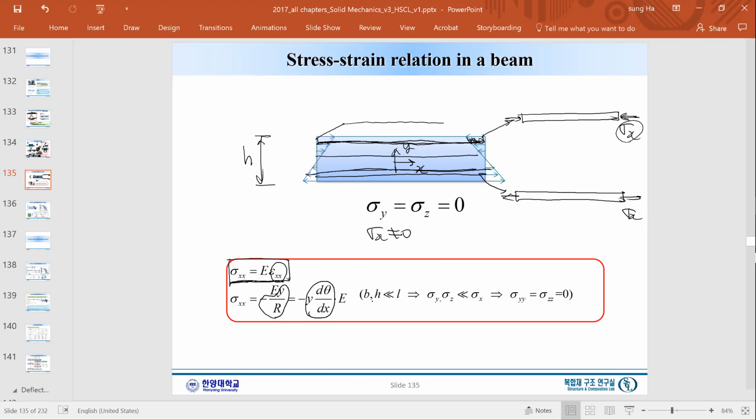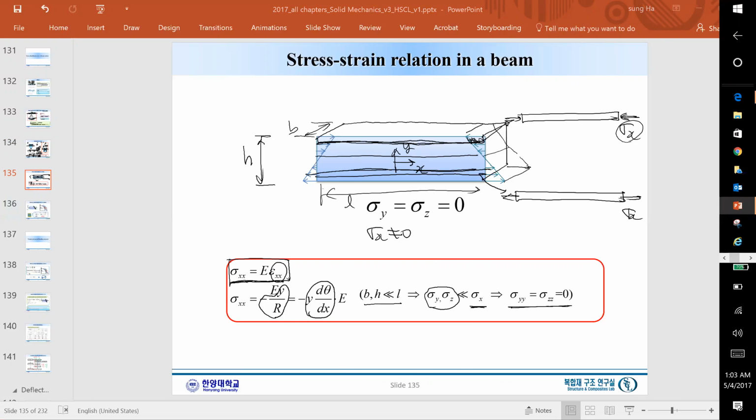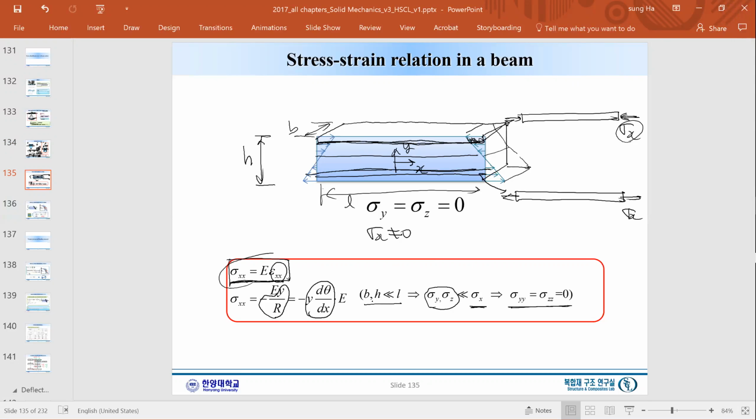Actually, I didn't draw. If we draw it, this is a three-dimensional case. This will be something like that, and something like that. So this will be the b, and this will be the length. So as long as b and h are less than l, then sigma y and sigma z are much less than sigma x. So we can assume that sigma y and sigma z equal 0. Anyhow, this is a simple stress-strain relations.